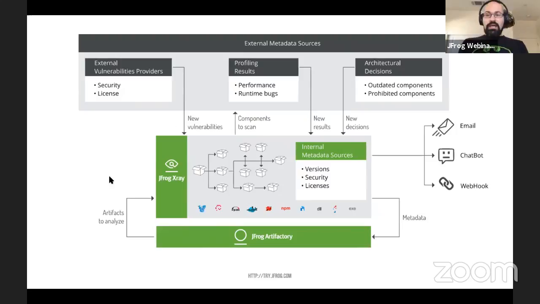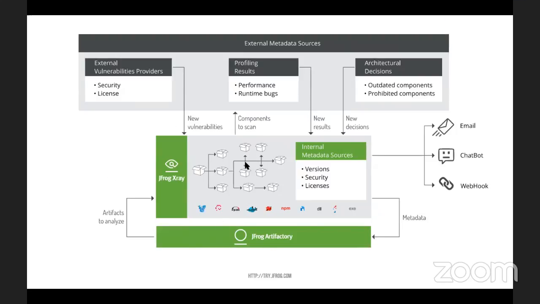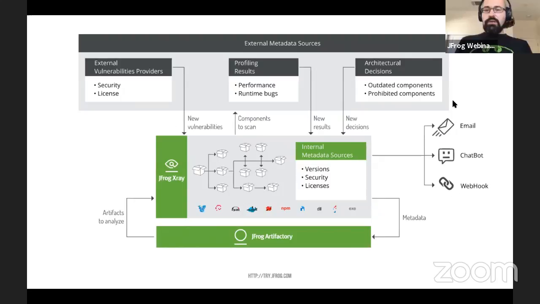What it actually does is analyze the artifacts in Artifactory to construct what we call a component tree. This component tree is actually artifacts within other artifacts within other artifacts.